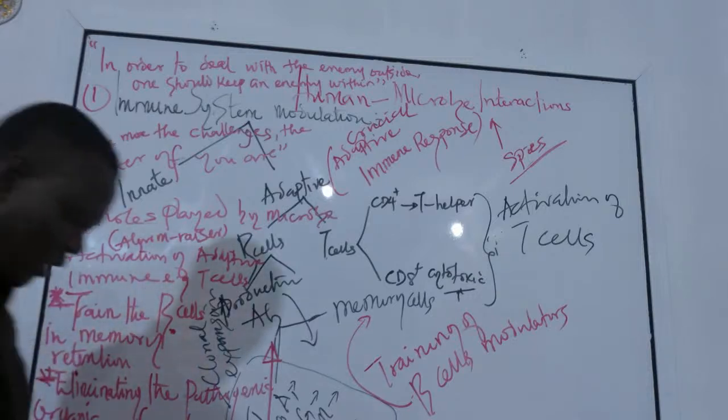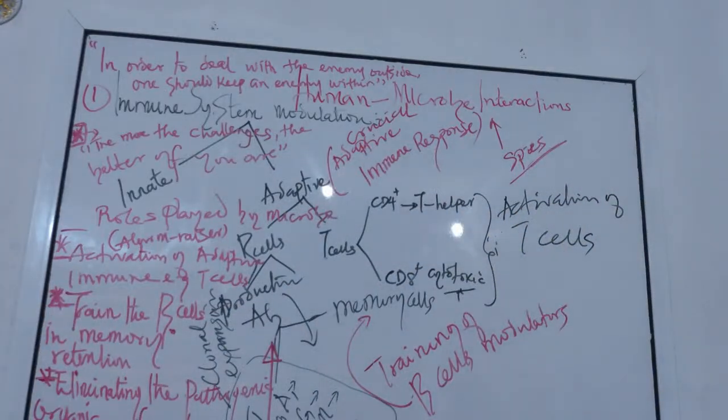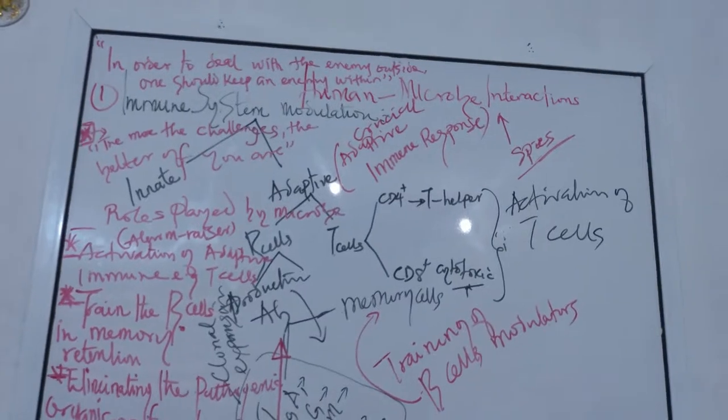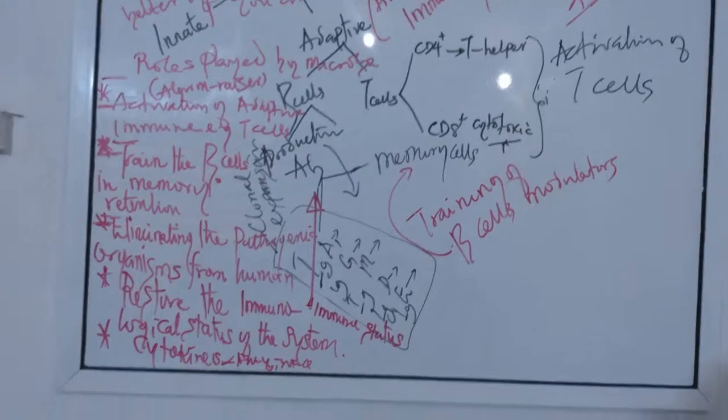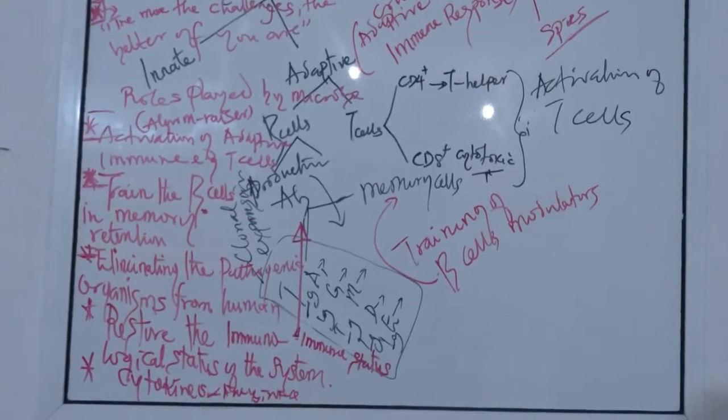So please, as you have it displayed on the screen, please take notes. Take note of this, and that is what we are going to spend the rest of the time understanding.